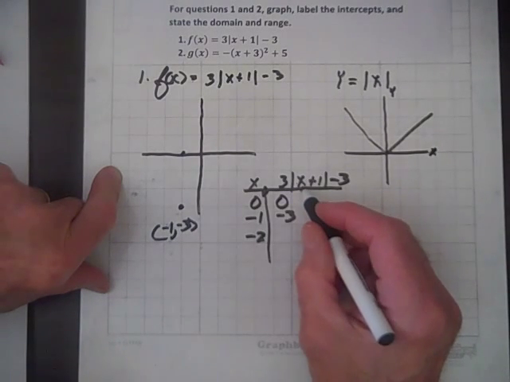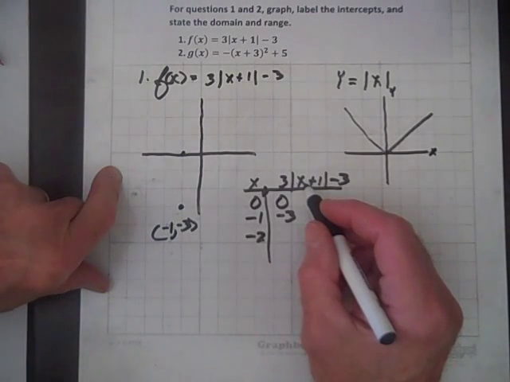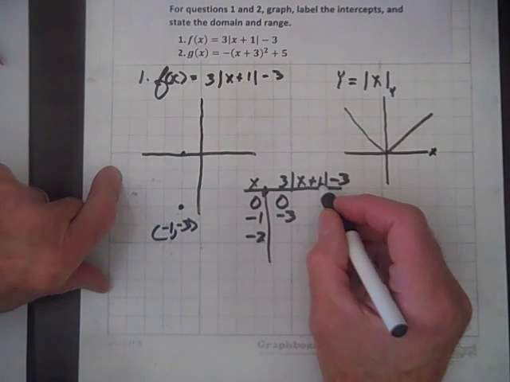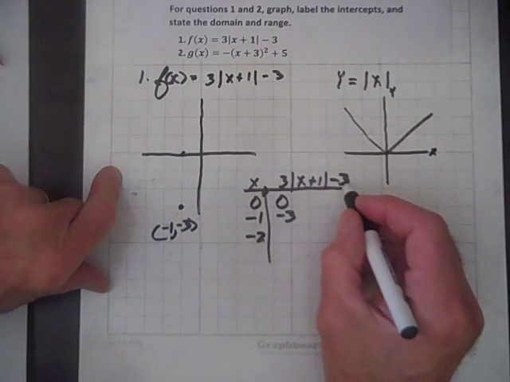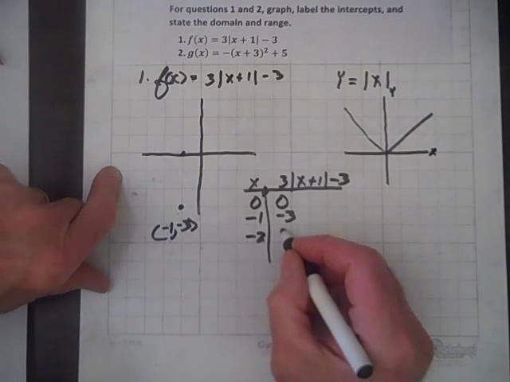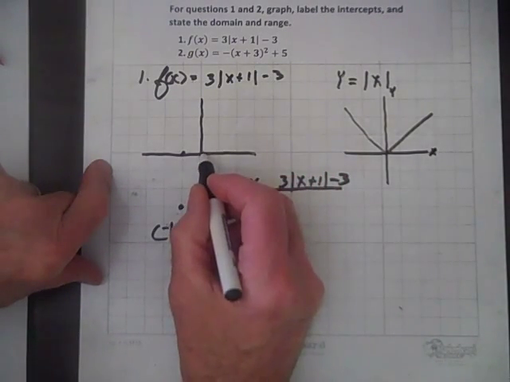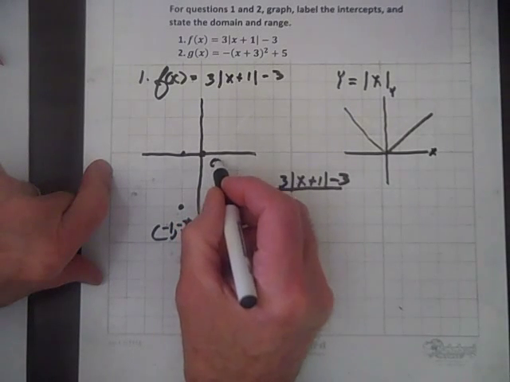Now, let's replace x with negative 2. If x is negative 2, negative 2 plus 1 is negative 1. The absolute value of negative 1 is 1. 1 times 3 is 3. Minus 3 is 0. So we're going to graph these 2 points. And we're going to label them. There's 0, 0.